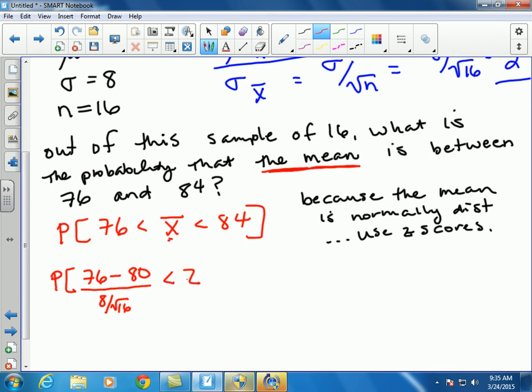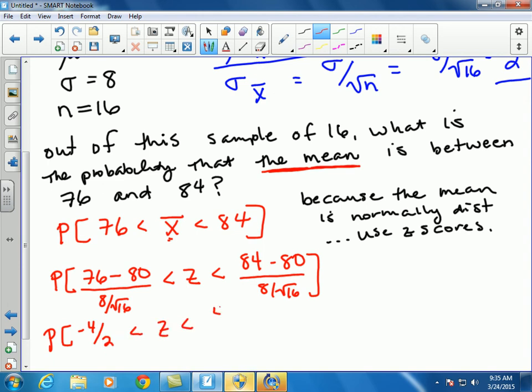That transfers the mean to z, and then we do the same thing on this side. And we end up with, what is the probability that I'm between, this is -4 divided by 2, and 4 divided by 2, which is the same as saying the probability that I'm between -2 and 2.